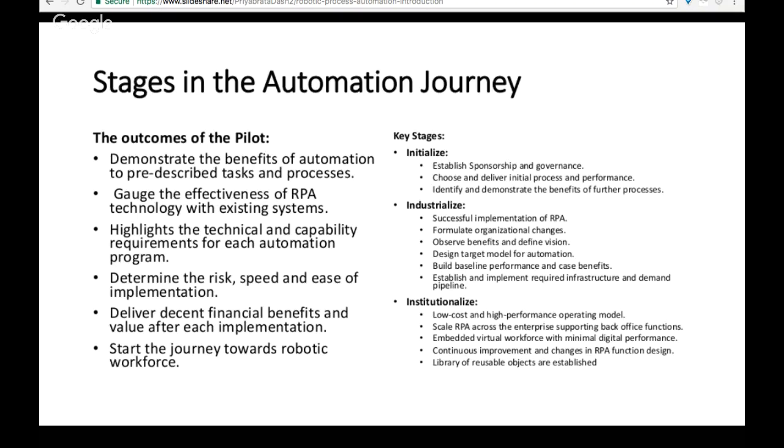The best way is that you start with small use cases, then you scale it, and then you build a cohesive team where you look for high volume transactions, highly structured transactions which can be automated and which carry a high amount of risk if you are doing them with human intervention. That kind of process, if you automate it with RPA, makes more sense.